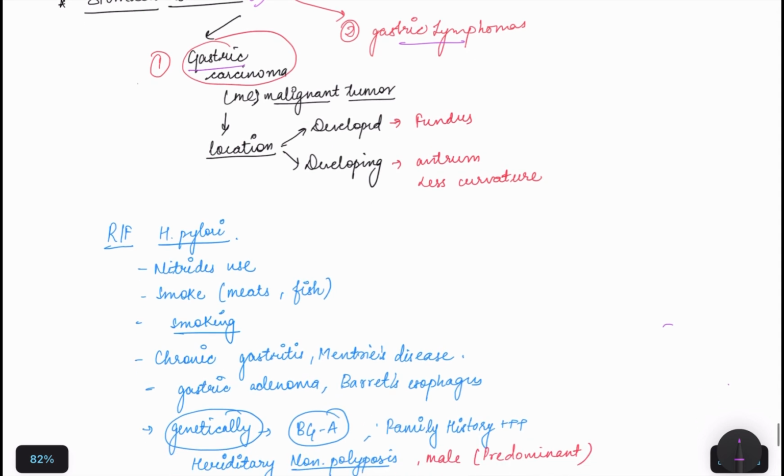First we'll study gastric carcinoma. It is the most common malignant tumor, and the location depends on the country. In some cases it is located mostly in the fundus region, and in others it will be present in the antrum or lesser curvature.